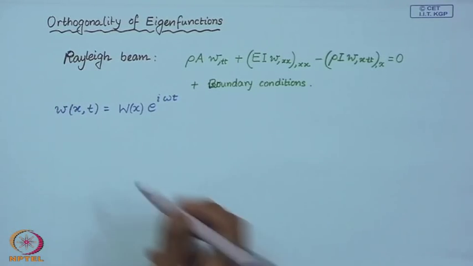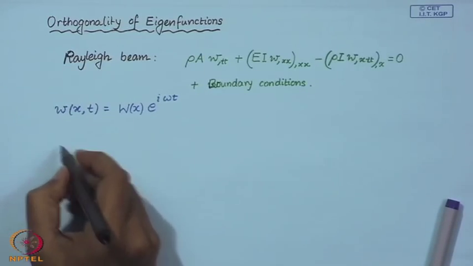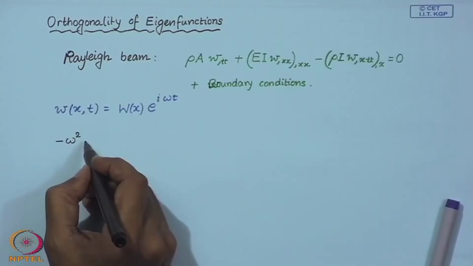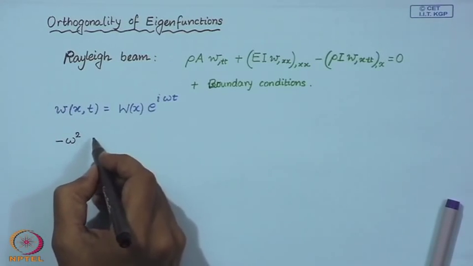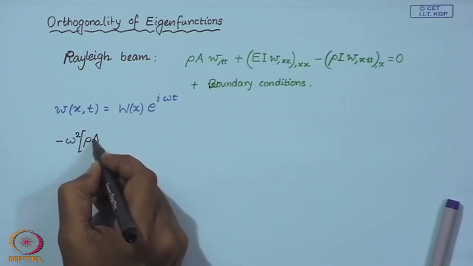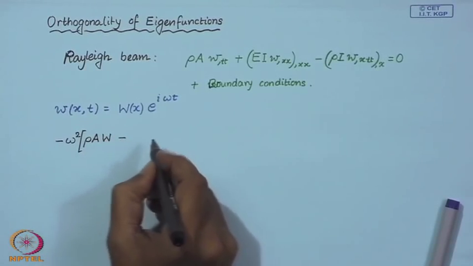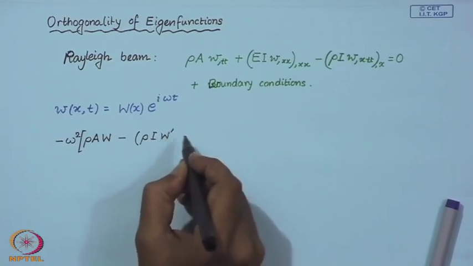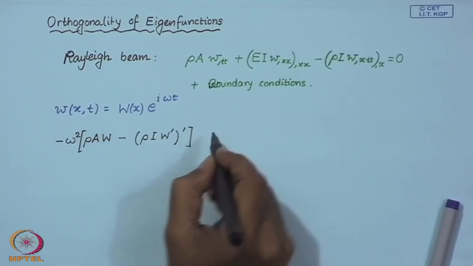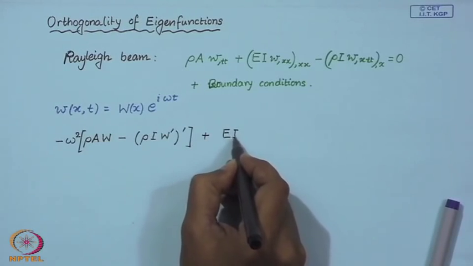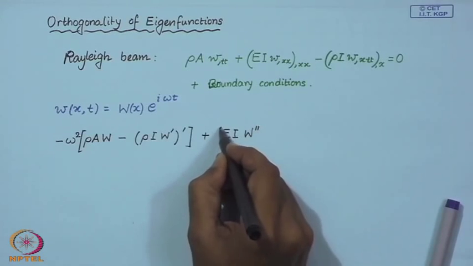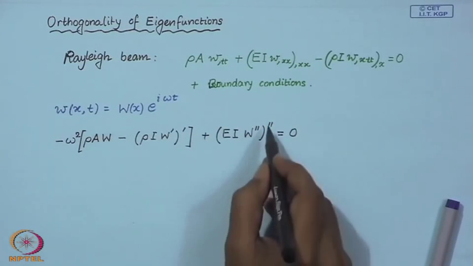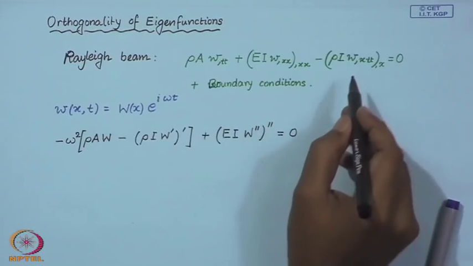So, if you substitute this kind of solution in this equation of motion, we obtain this differential equation where the prime denotes derivative with respect to x.